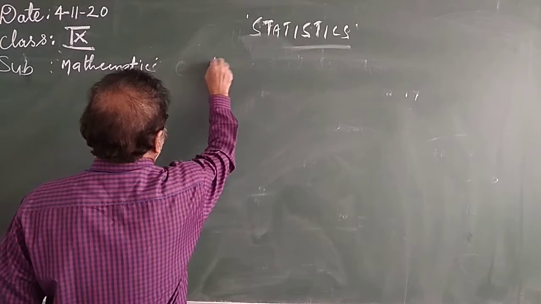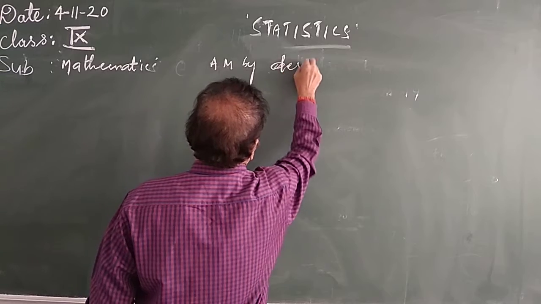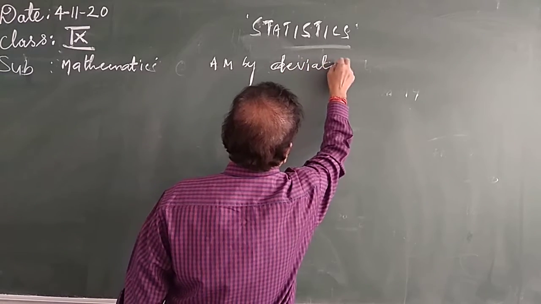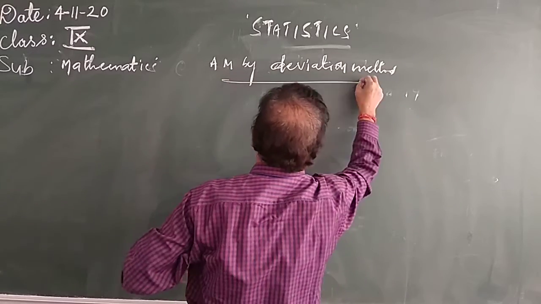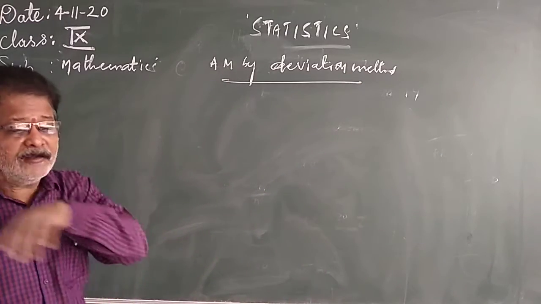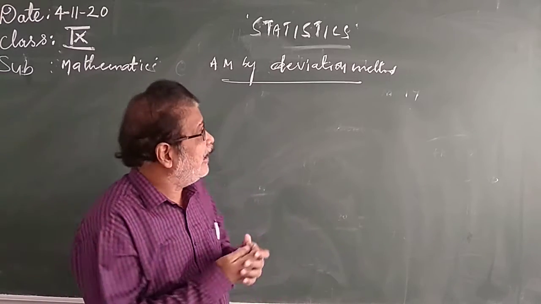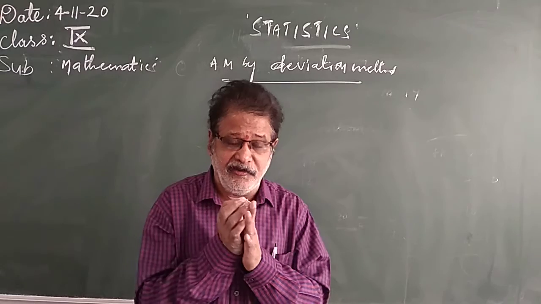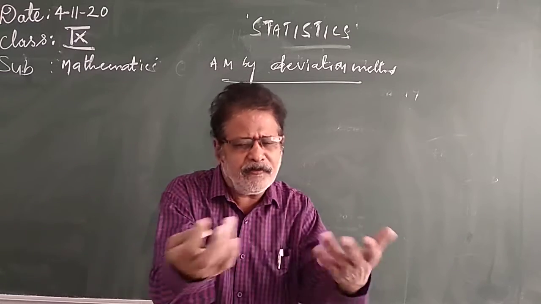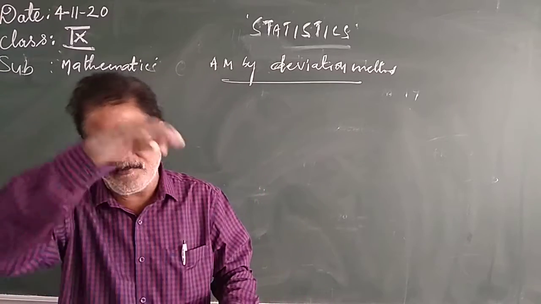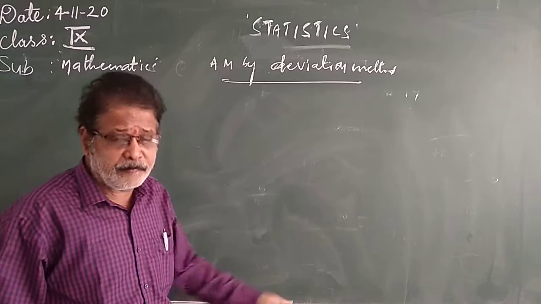In the deviation method, for example, when they give the observations and corresponding frequencies, you need to find the arithmetic mean. Arithmetic mean means observation into frequency, like that you find xi fi, sum of fi xi by sigma fi.